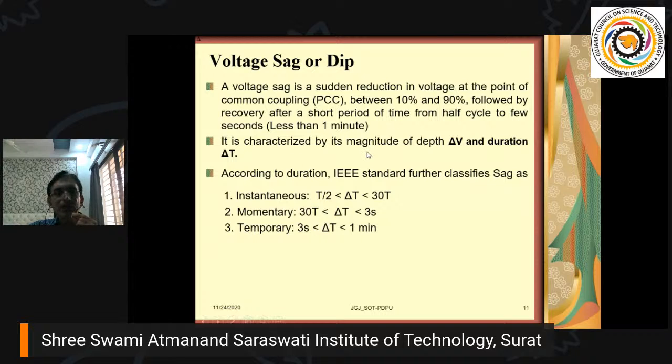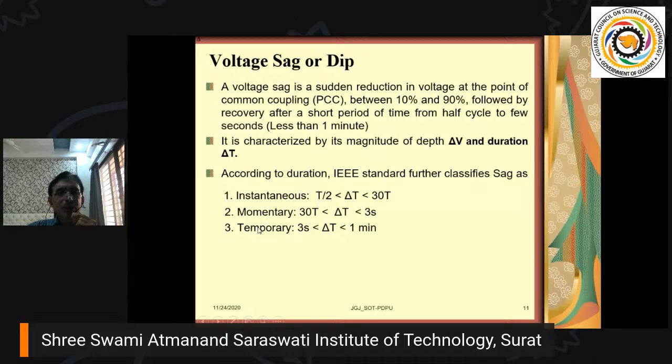This voltage sag is characterized by its magnitude or depth, delta V, the change in voltage, and the duration, delta T. According to the duration, IEEE standards classify sag as instantaneous, momentary, and temporary. If the duration is from half a cycle to less than 30 cycles, it is called instantaneous sag.